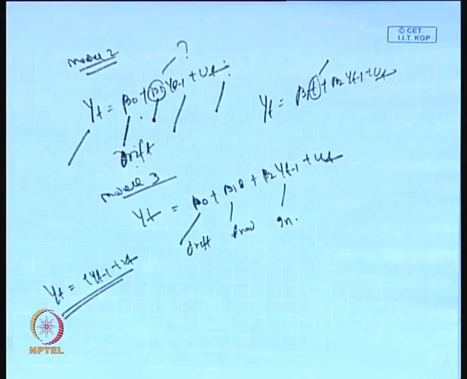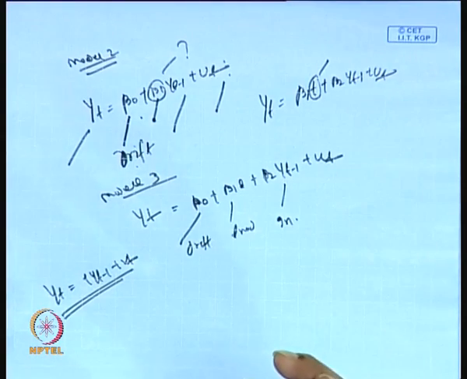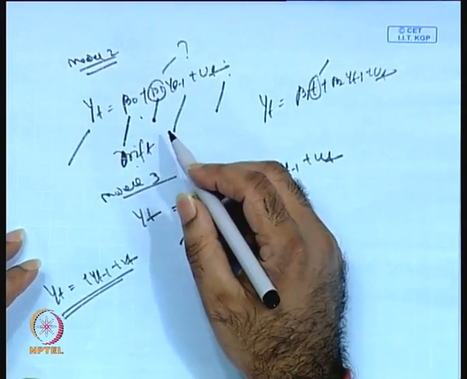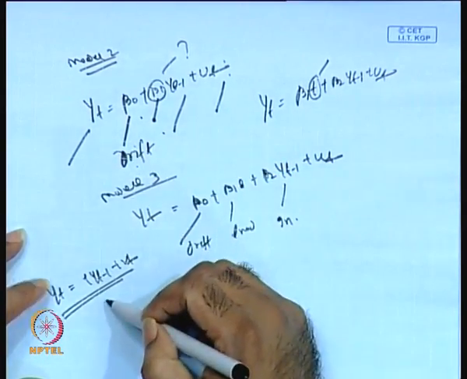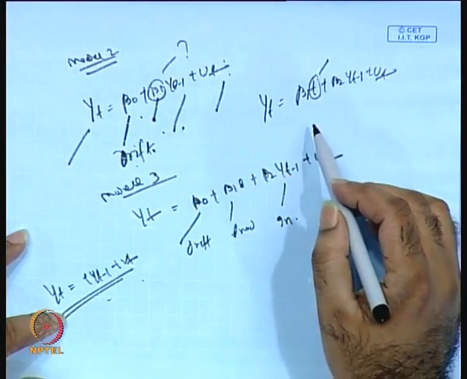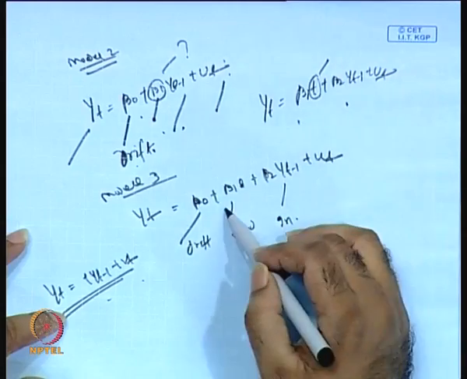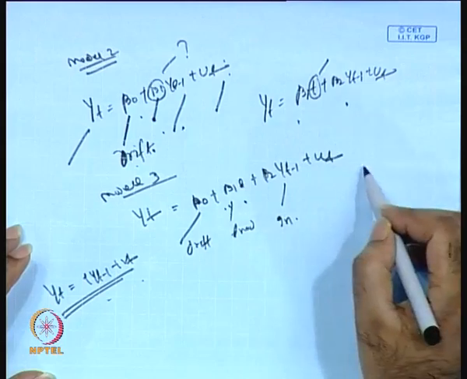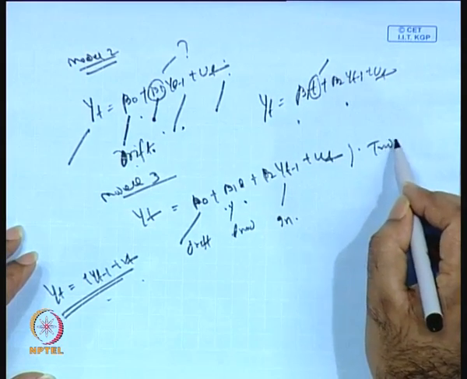Okay. So, beta 1 t, that particular weightage will give you the trend factor. Okay. So, this is without drift and trend, this is drift without trend, this is trend without drift, and this is trend with drift. Okay. So, this particular one is called trend with drift.